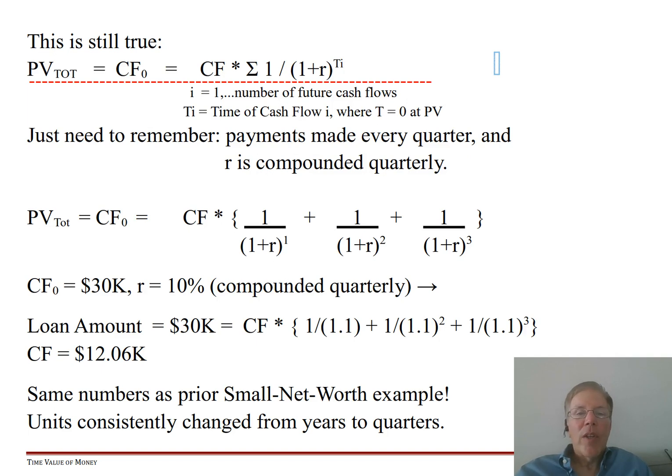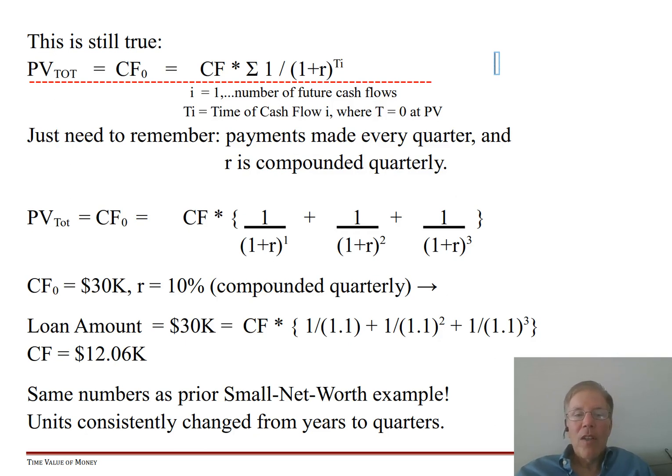Okay, so in this case, we could expand to find PV at t equals 0, which is equal to CF0, which in this case is going to be 30,000. That is equal to that uniform cash flow that we're solving for, okay, times 1 over 1 plus our interest rate, 10% to the 1, where that's 1/4, plus 1 over 1 plus 10% squared, 2/4, plus 1 over 1 plus 10% cubed, where cubed means 3/4, okay?